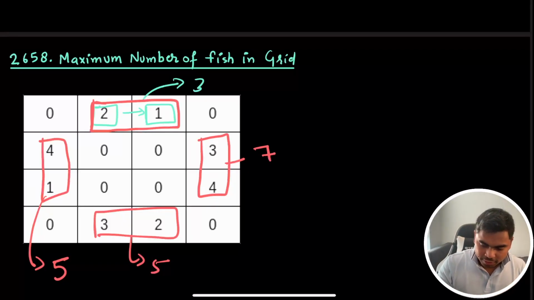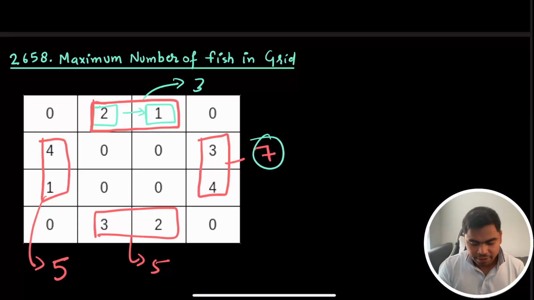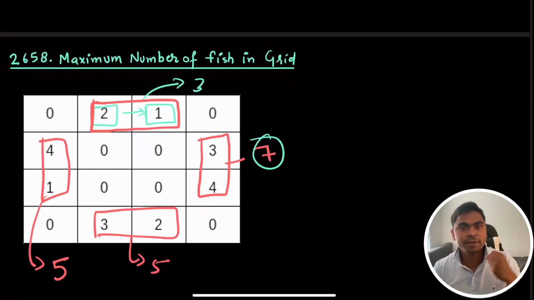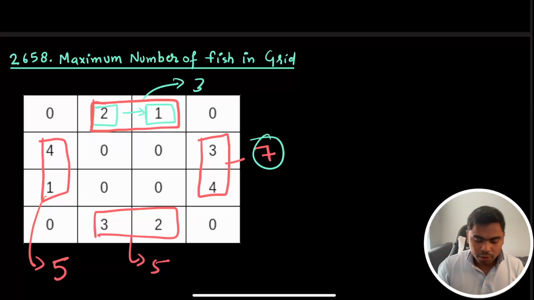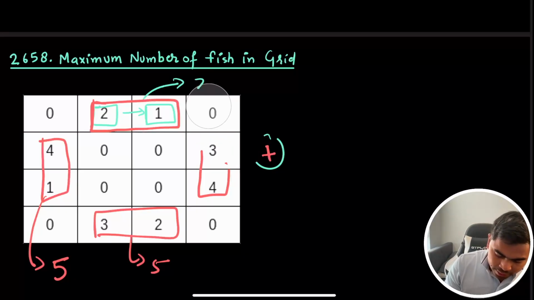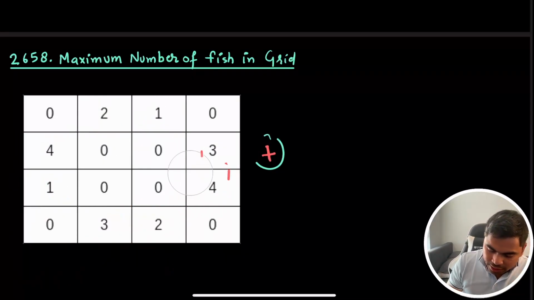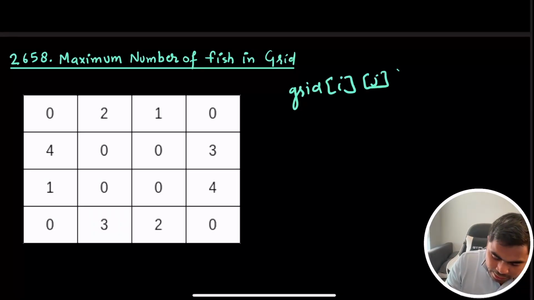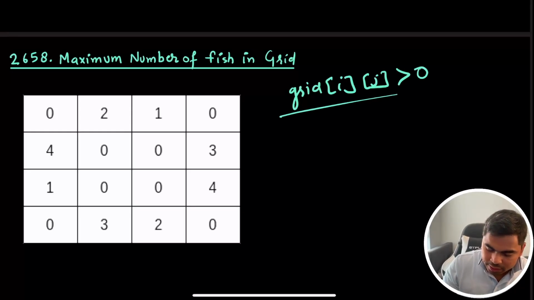So what do you see? What's the answer? 7. Can we find this 7 without visiting all the cells and all these groups of fish? No, we cannot. So we're going to visit our grid. Whenever we visit grid i, j and the value is greater than 0, that means there are fish.